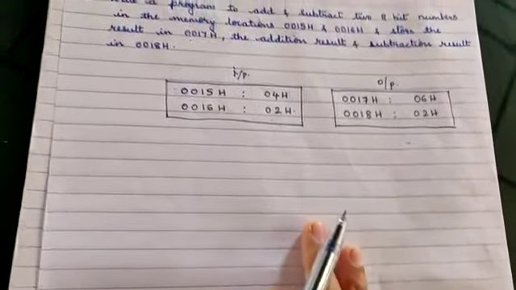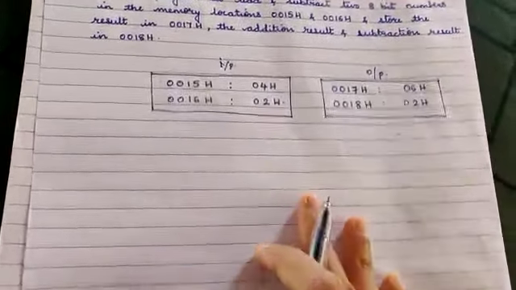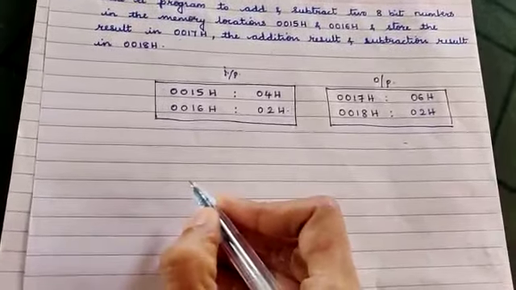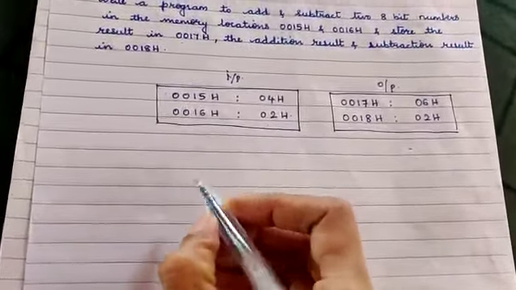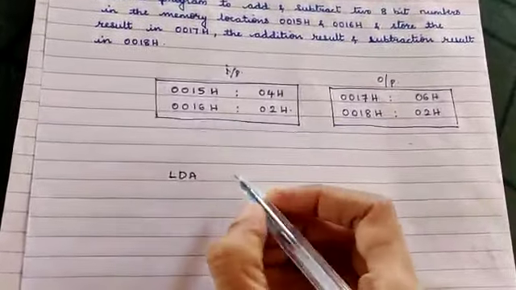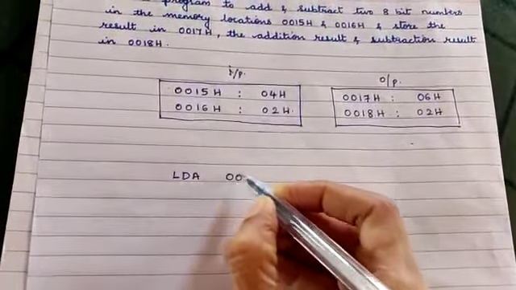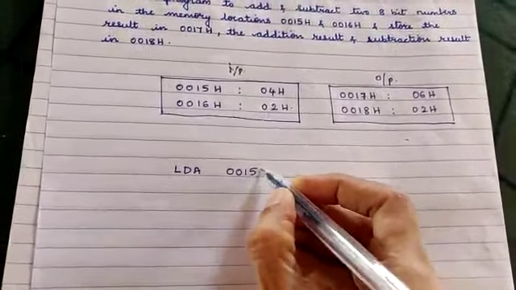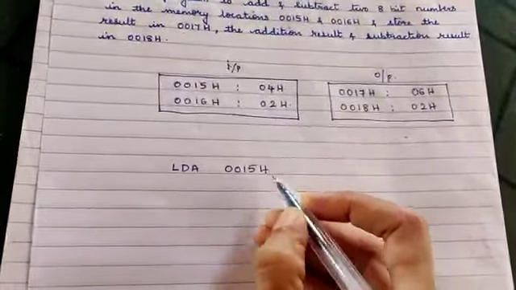So first of all we need to load the first number. For that we can take the instruction LDA, and the memory address is already specified to us, so we cannot change that, and it will be 0015H.